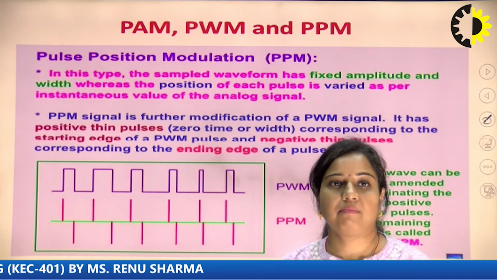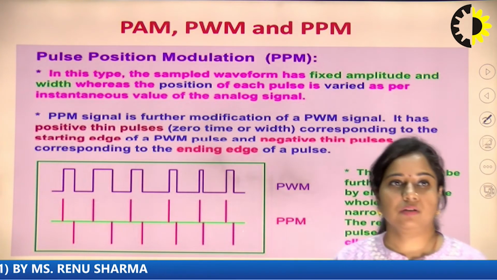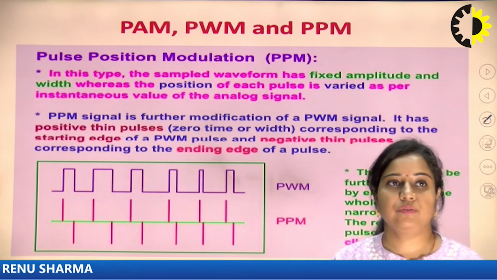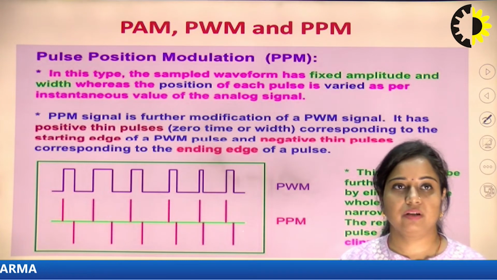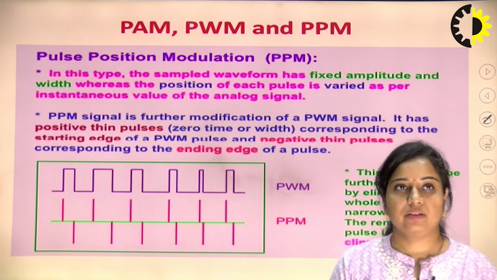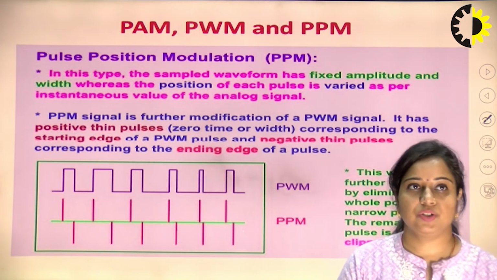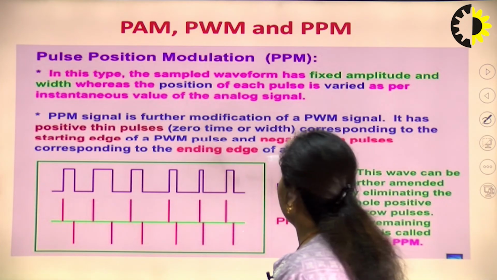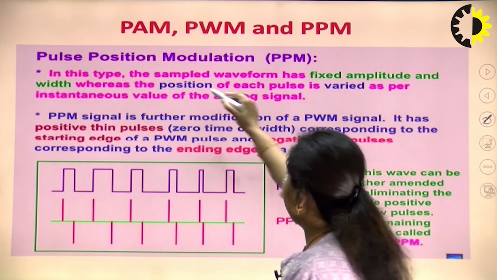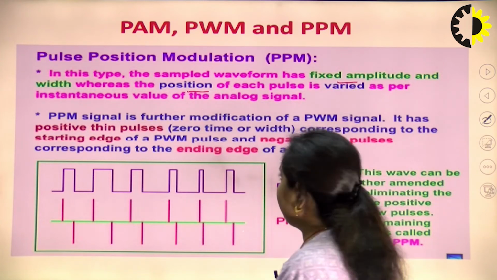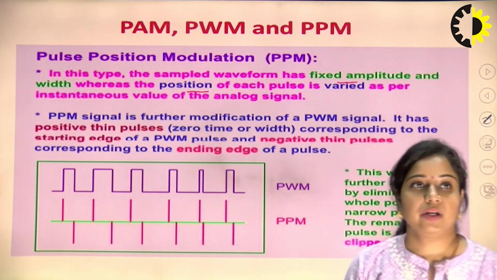Like in amplitude modulation only the amplitude will change and the frequency and phase of the signal will be fixed. Similarly in PAM, PWM and PPM, amplitude, width and position respectively change; in case of PPM only the position will be changed, but the amplitude and width of the pulse will be the same.